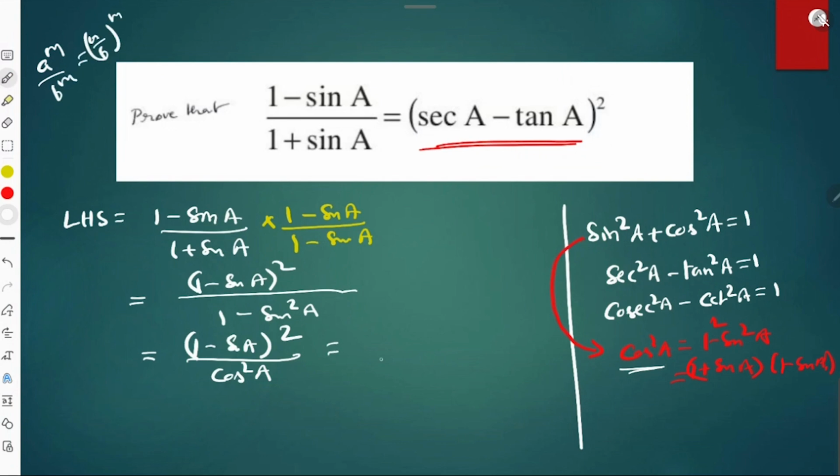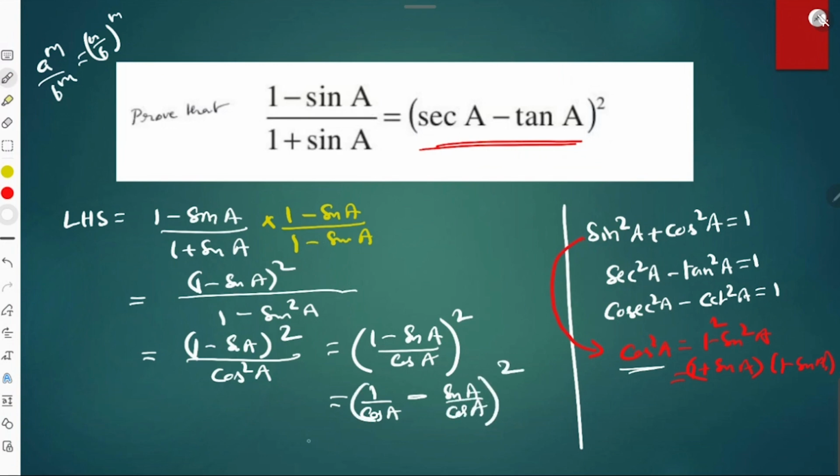So (1 minus sin A) by cos A whole square. If you separate the two terms, 1 by cos A minus sin A by cos A whole square. So 1 by cos A is secant A, minus sin A by cos A is tan A, whole square. So this is what we need to prove. That is the RHS.